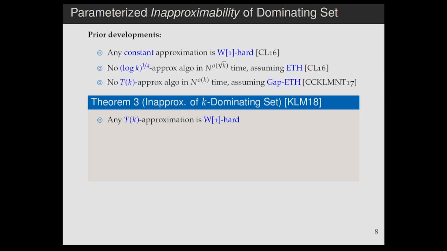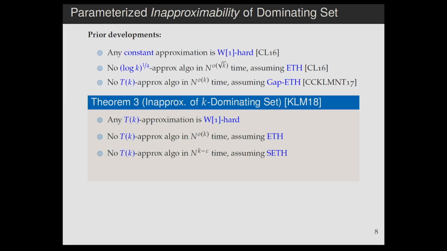And what we can show under this framework is first, it is W[1]-hard to approximate to any t(k) factor. So total inapproximability under W[1]-hardness. Under ETH, we get the same hardness, but we get a better running time lower bound of n^(o(k)).